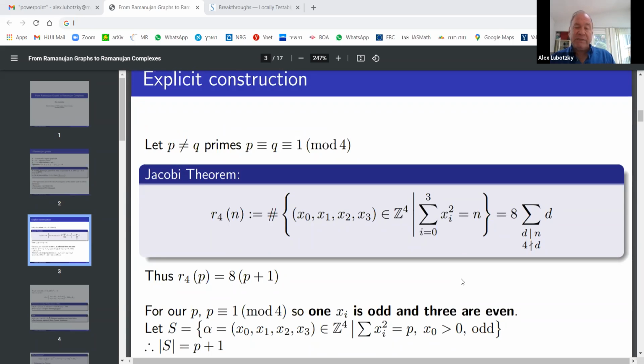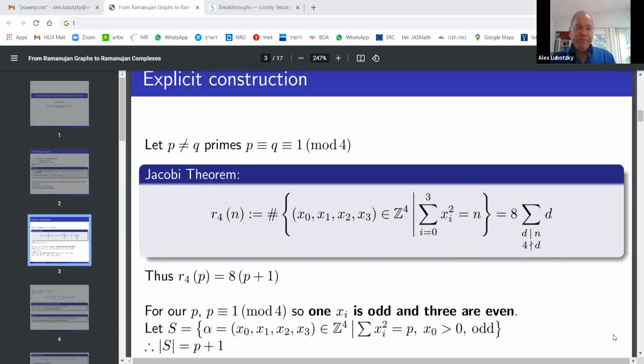In some sense, all the others are variants on this, and you will see that indeed quite a lot of number theory is getting in at the gate. So let's fix two different primes, p and q, both congruent to 1 mod 4. This is all for convenience.